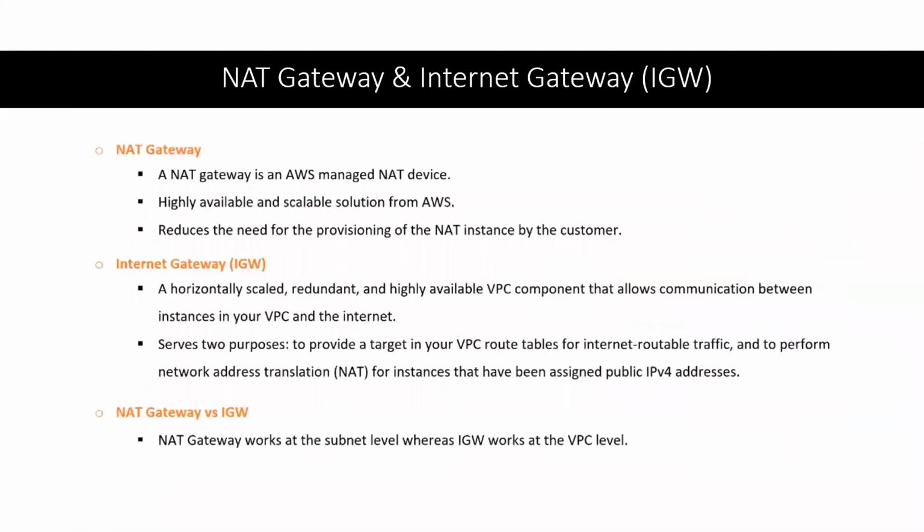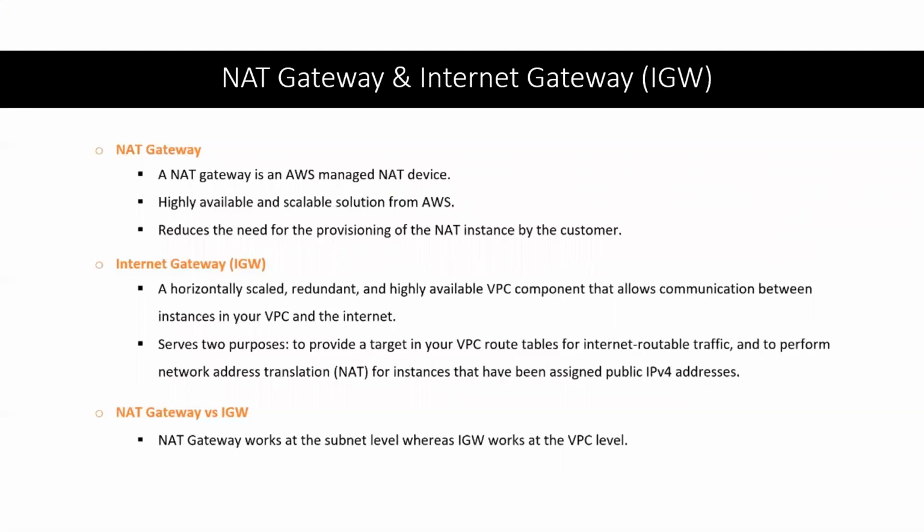In simple terms, an internet gateway is a service provided by AWS which establishes a logical communication between your VPC and the internet.